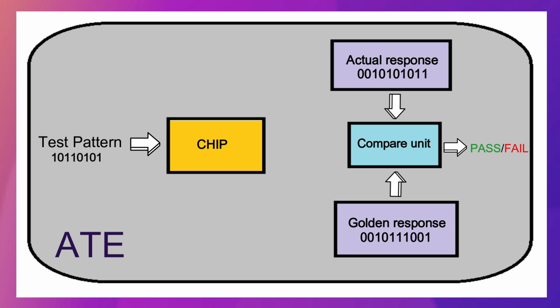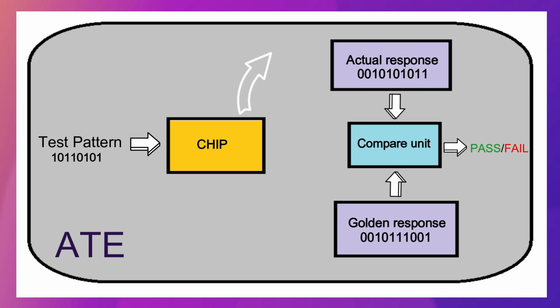Here is a diagram explaining what happens on ATE. With the help of ATPG, we generate patterns for a chip. After manufacturing, the chip is sent to ATE for testing along with the test vector files. On ATE, test patterns are applied to the physical chip and the actual response is recorded.